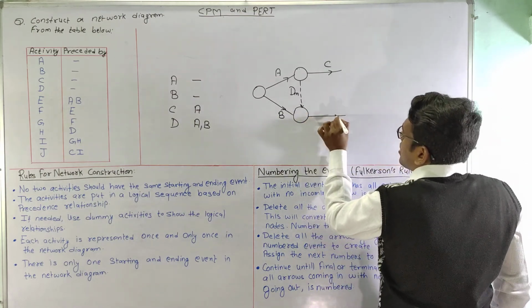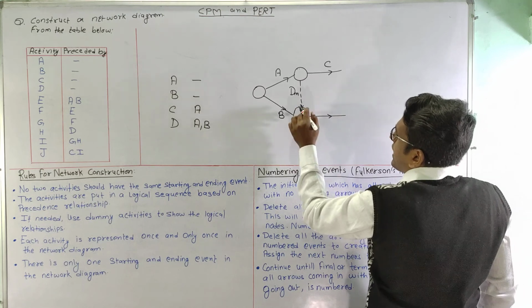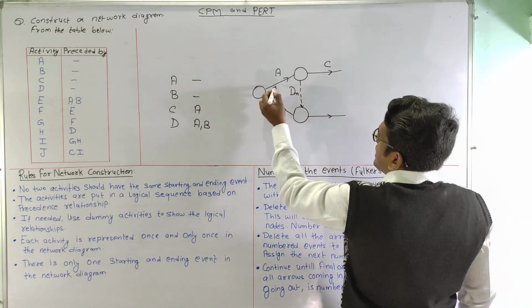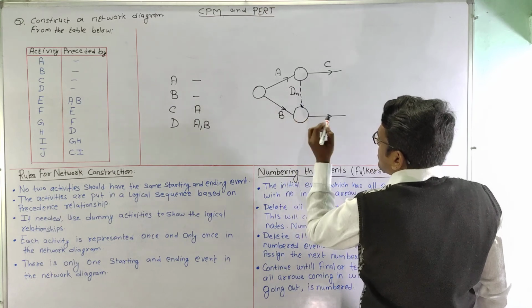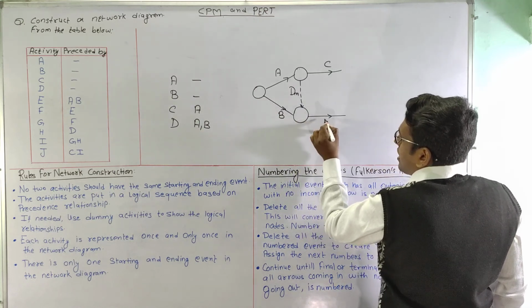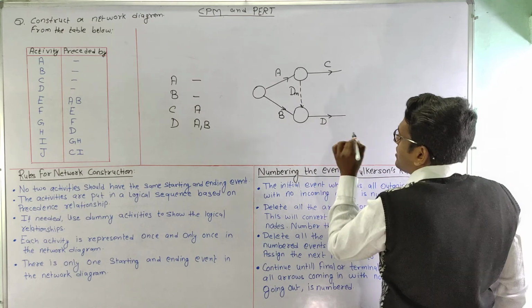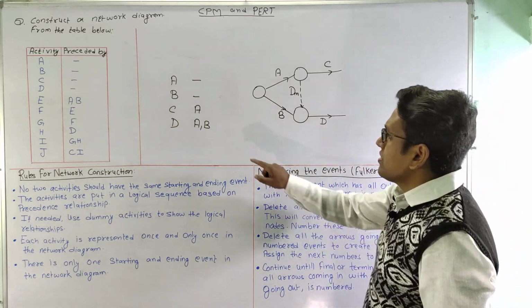This node is showing that at this point activity A is completed as well as activity B is completed. So we can start activity D, which is preceded by AB, after this.